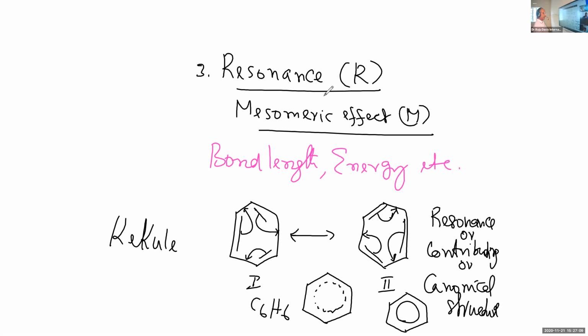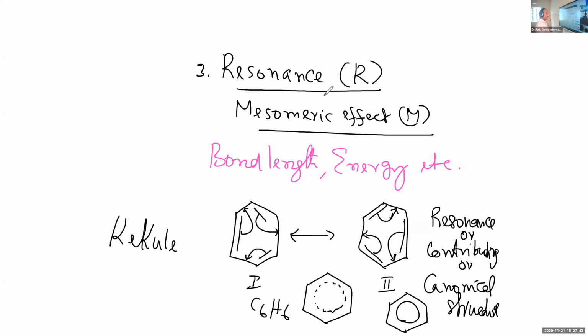We cannot draw the actual structure. So in the case of benzene, it can be shown like this only. So it is a hybrid of two Kekule structures. Due to resonance, an extra amount of energy will be released from the molecule, and so it becomes more stable. Do you remember?